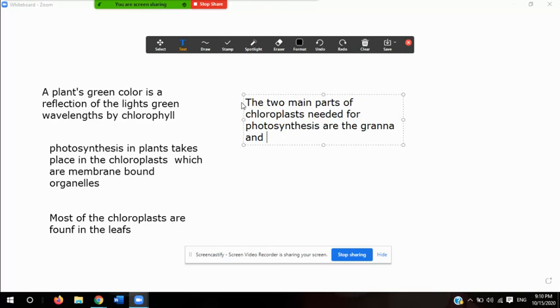So those are the two structures that are needed in the chloroplast in order to undergo photosynthesis.